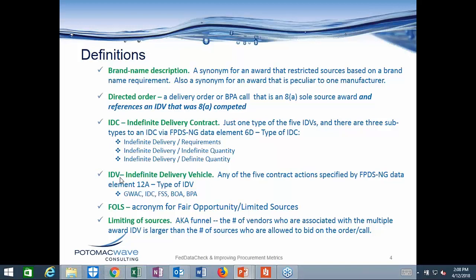IDC, as distinct from an IDV. IDC is an indefinite delivery contract. This is a subset of IDVs. An IDC is one type of an IDV. And there are actually 3 different types of IDCs. The most famous one, of course, is IDIQ, but there's also indefinite delivery requirements and indefinite delivery definite quantity.